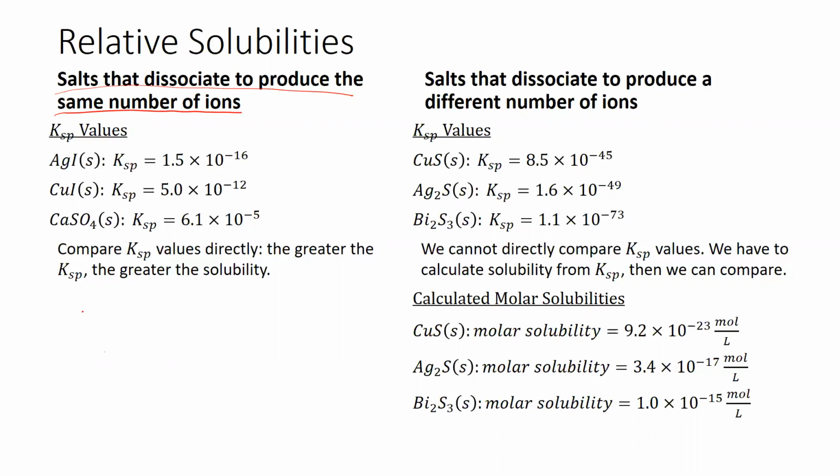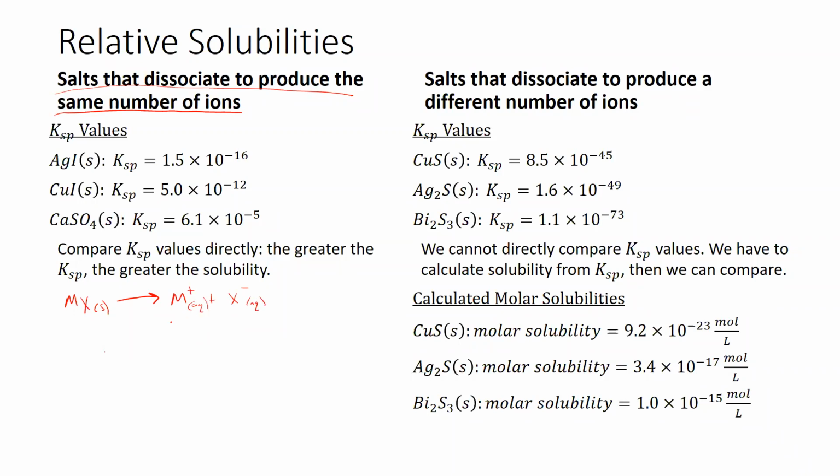And so keep in mind, when you have a KSP value of something that, say, dissociates into two components, so you have, say, a metal and some sort of a non-metal, and that dissociates to give you metal plus, X minus, both aqueous.